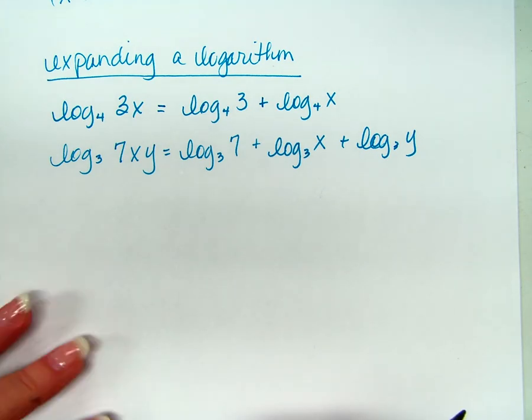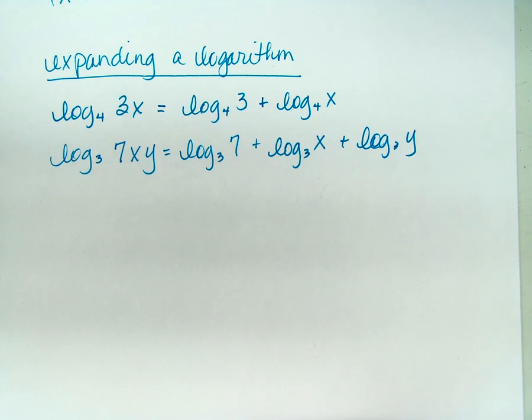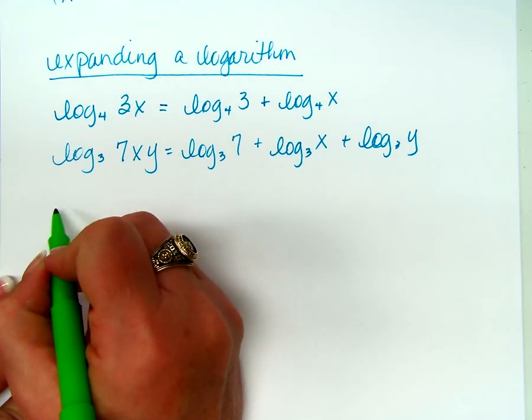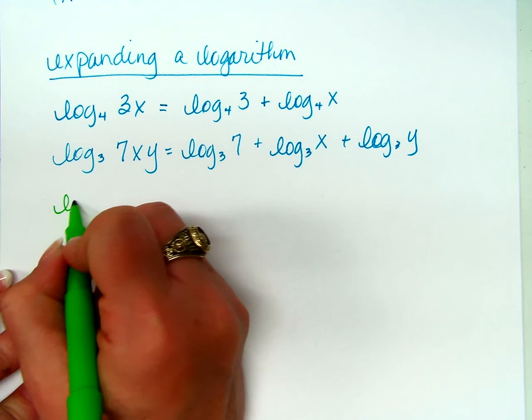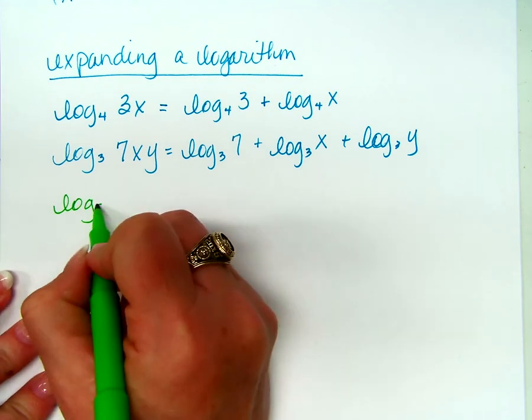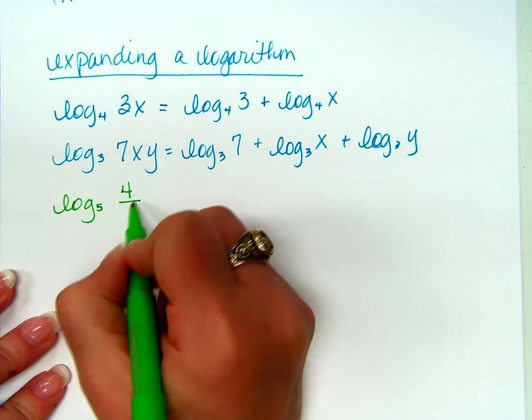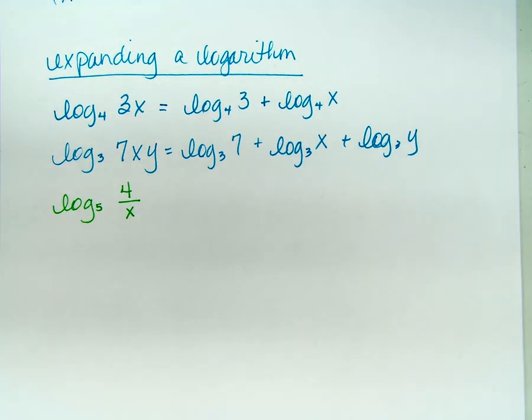So, let's do this one. Let me see if I can let you figure this one out on your own. Log base 5 of 4 over x. Anybody have any guesses?